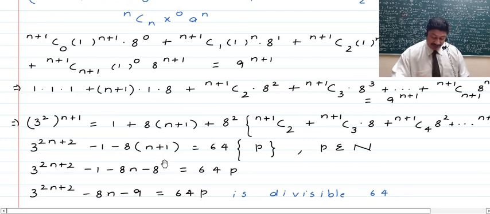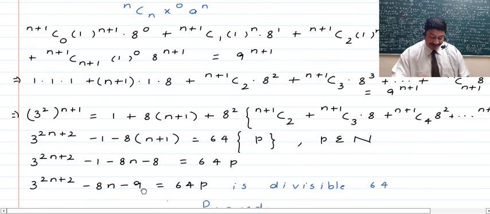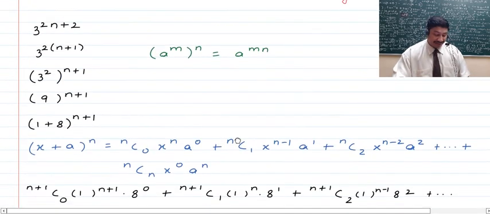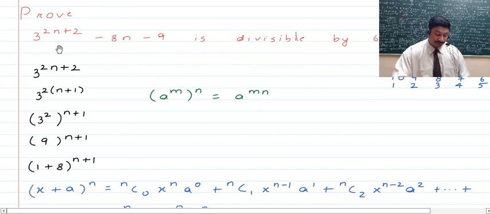Now children, here we talk about multiplying this minus 8 to this binomial. So we have minus 8 minus 1, which will become equal to minus 9, and minus 8n is also there. So 3 raised to the power 2n plus 2 minus 8n minus 9 is equal to 64p, which thus can be shown to be divisible by 64. And children, this is what had to be proved, and thus stands to be proved.